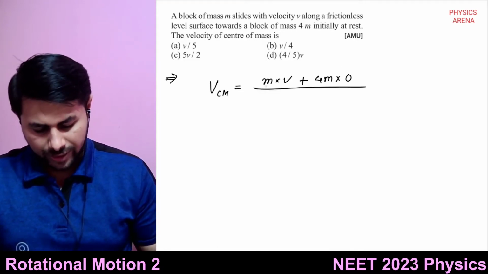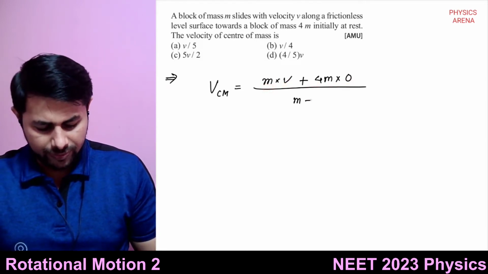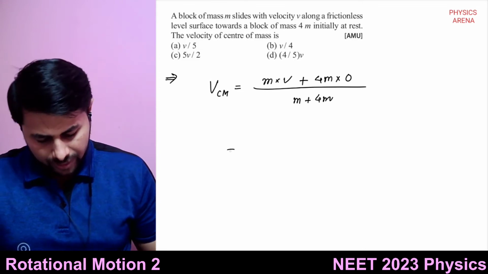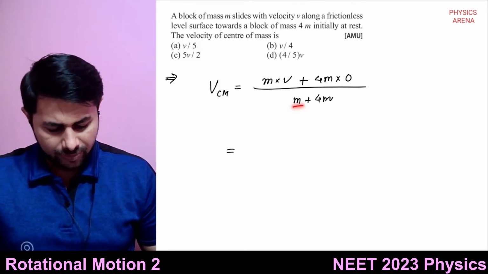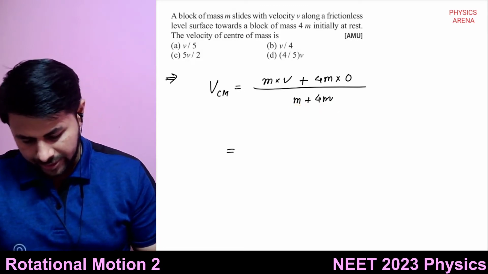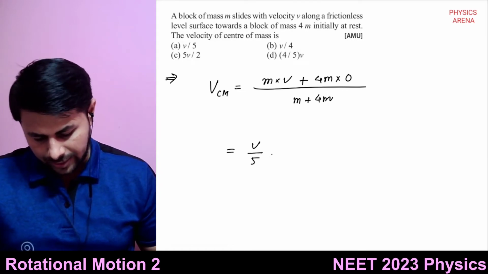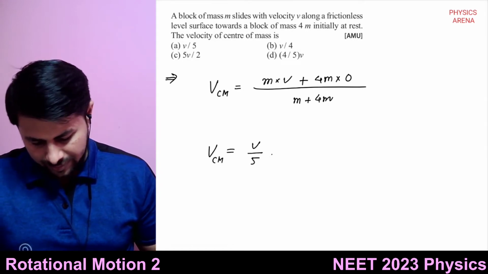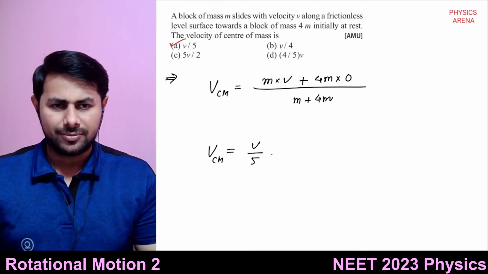So m1 v1 plus m2 v2 divided by m1 plus m2, which is m plus 4m. In the numerator we have m times v, denominator 5m. So m gets cancelled, and v divided by 5 is the answer. Simple.